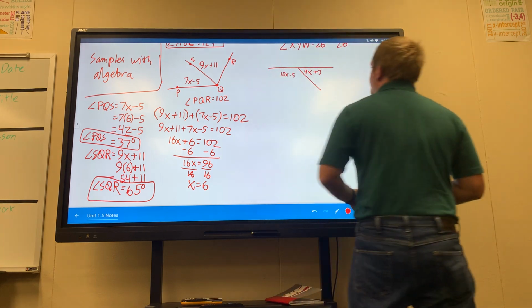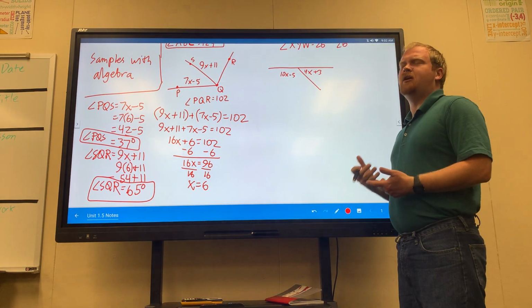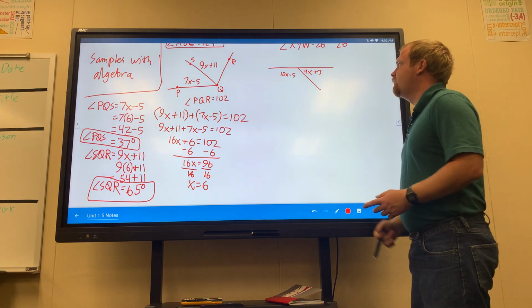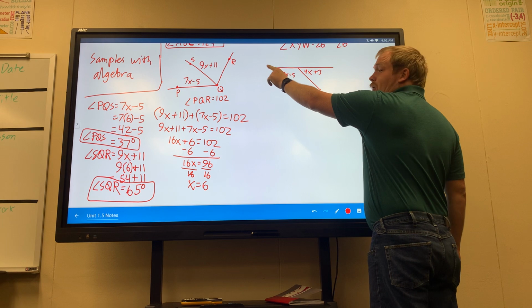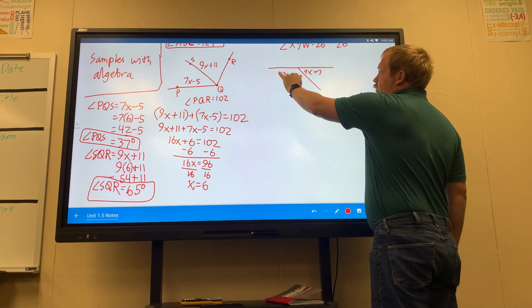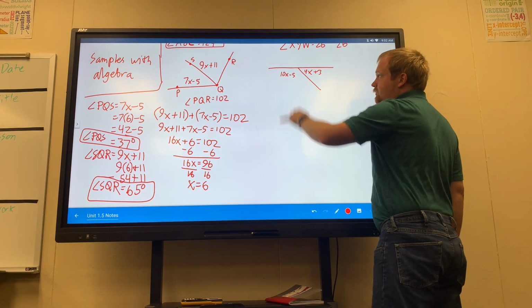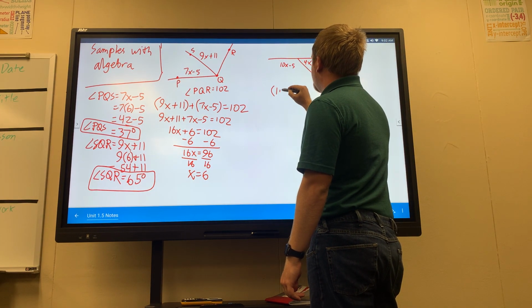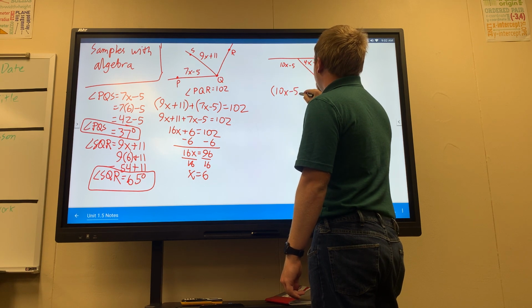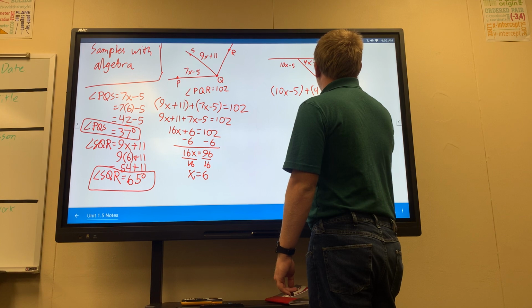Now, what about this one? It doesn't tell me for sure what the exact angle is, but if you think about it, this straight line right here, we know it's 180. So one part plus the second part gives me a straight line, which means they should add up to 180.